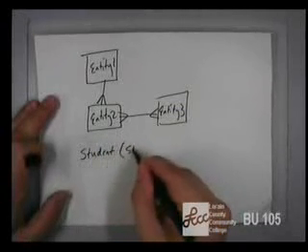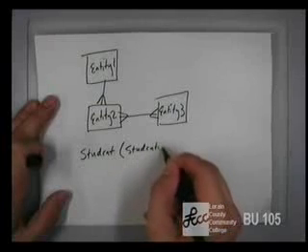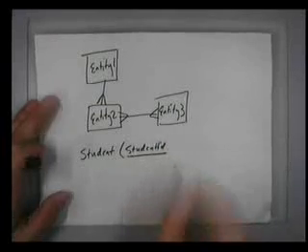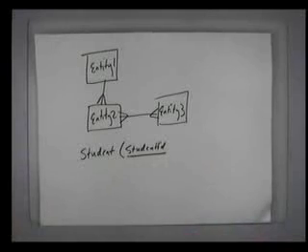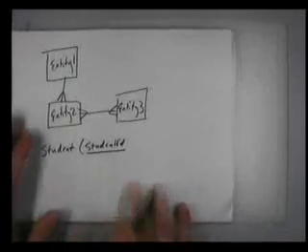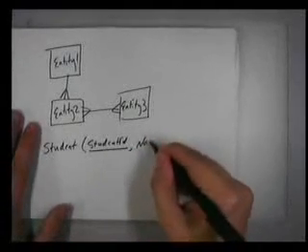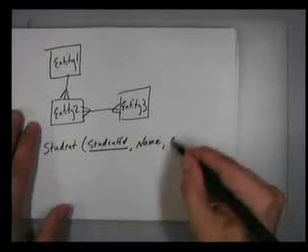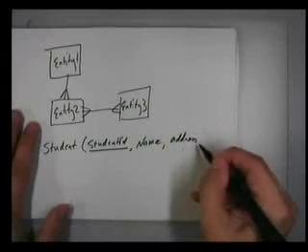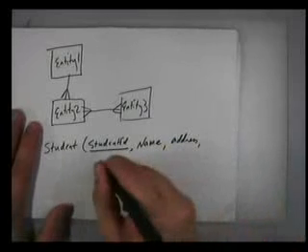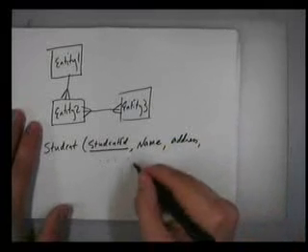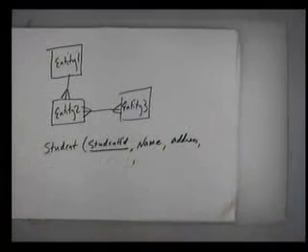Student, ID, underlined, because remember that's the primary key of the table. And then a list of the other columns in that table: name, address, and so on. If you happen to have a foreign key, which remember is what establishes a link between two tables, put an asterisk next to it.